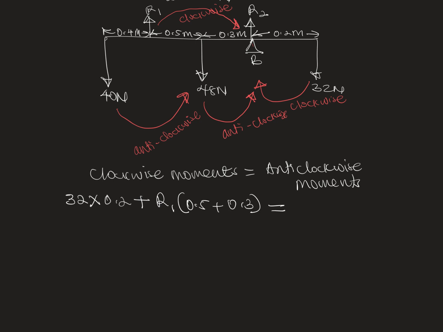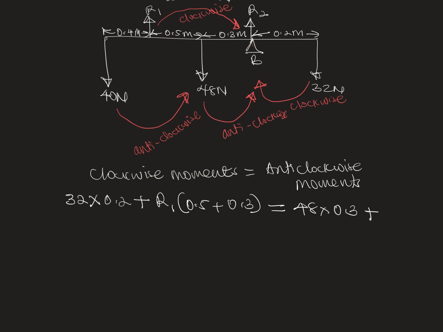This equals the anti-clockwise moment. We have the 48 newtons. And what is the perpendicular distance from the pivot B? For the 48 newton, it is only 0.3 meters. So multiply that by 0.3.